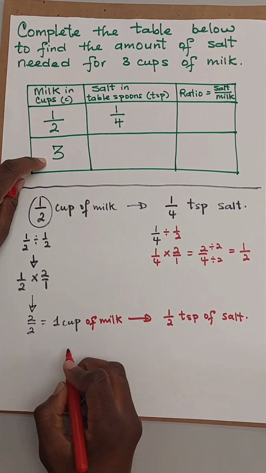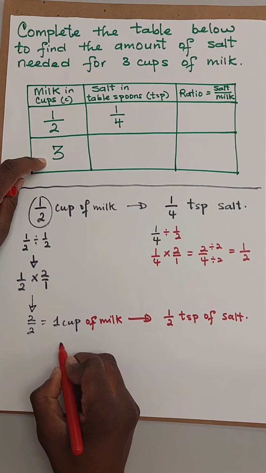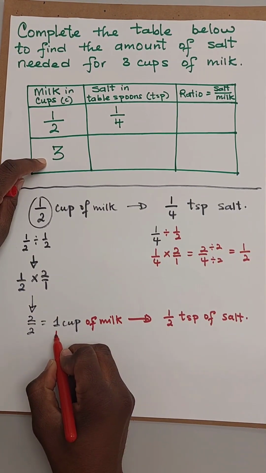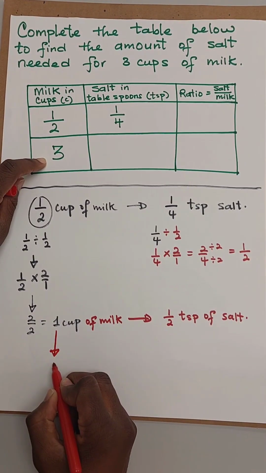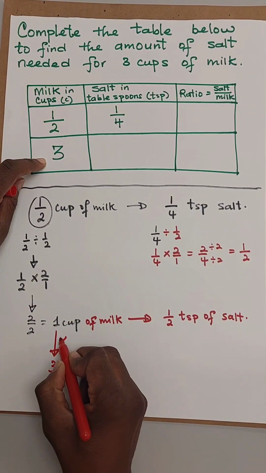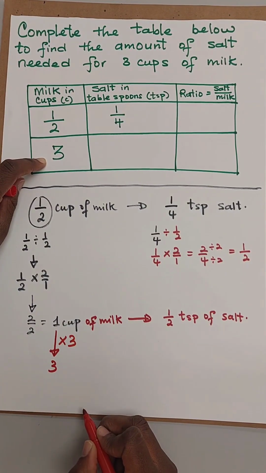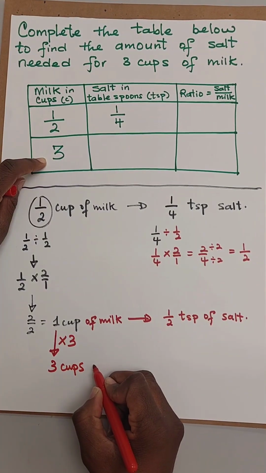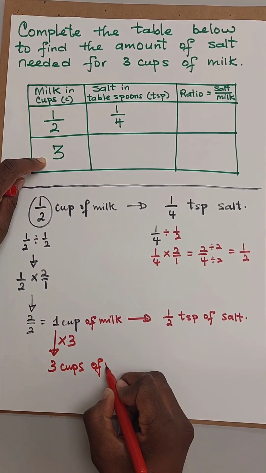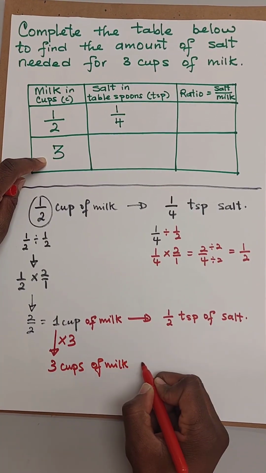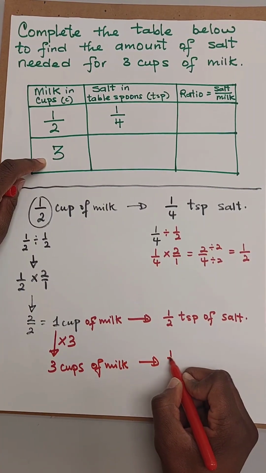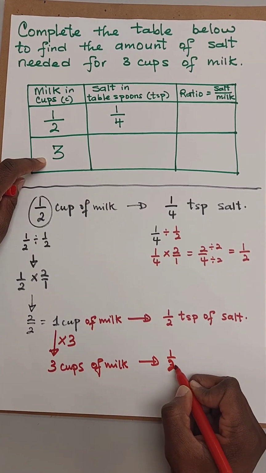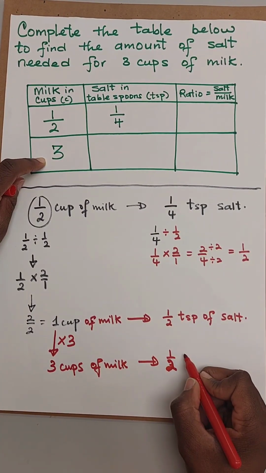Now that we know 1 cup is a half tablespoon, we can go from 1 cup to 3 cups. How do we do that? Multiply by 3. 1 times 3 is 3. So 3 cups of milk will be half a tablespoon times 3.